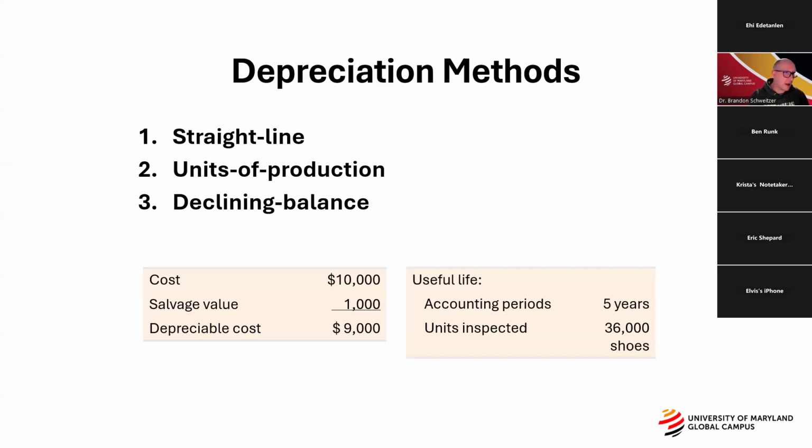And over that 5 years, the piece of machinery will produce 36,000 pairs of shoes. Okay? So, very simple example. So, using that information, we can calculate straight line, units of production, and the double declining balance methods.